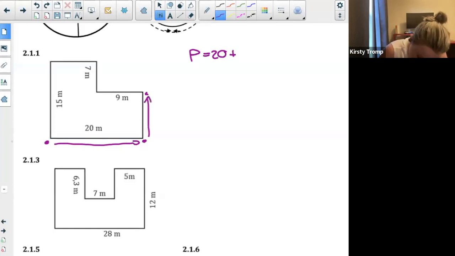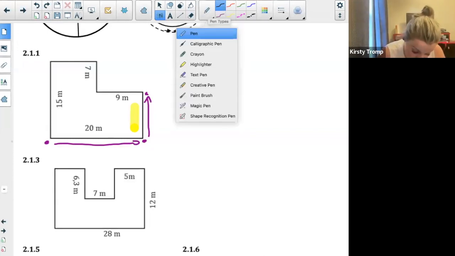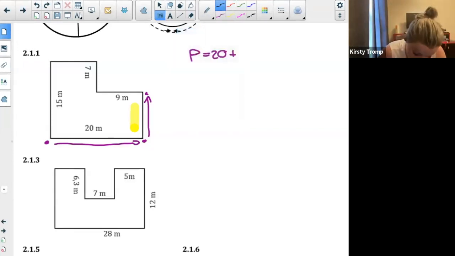Oh my goodness, we've hit our first hurdle. Why have we hit a hurdle? Because we're missing the side, which means we need to work out how much that's going to be. We know that the length of this side on the other side is equal, from there to there.